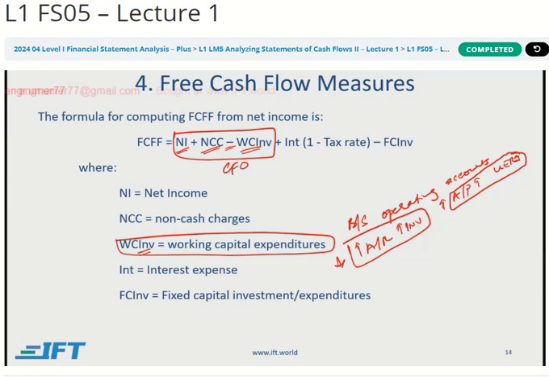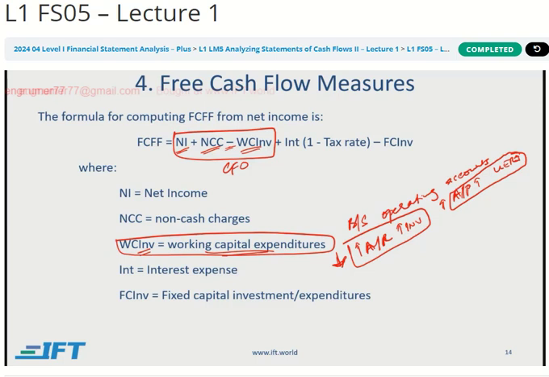And this is something we've discussed previously, that liabilities going up is good for the cash and assets going up is bad for the cash, and vice versa. But overall, whatever is the working capital investment, that has to be subtracted, because if you're investing in working capital such as inventory or accounts receivable, that will be subtracted, whereas if you are getting cash from your accounts payable or your unearned revenue, that will be added.